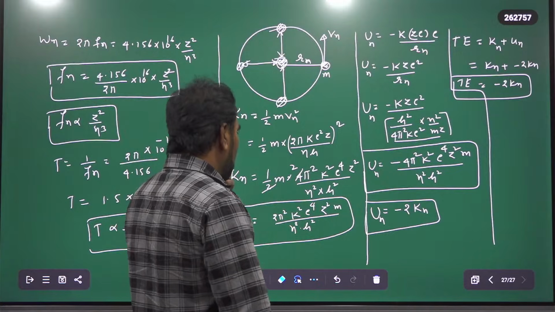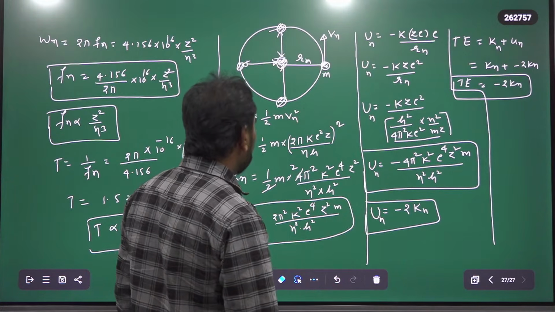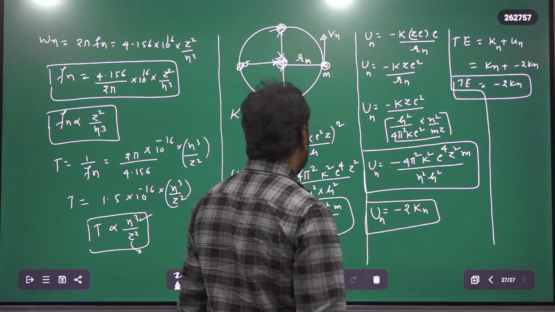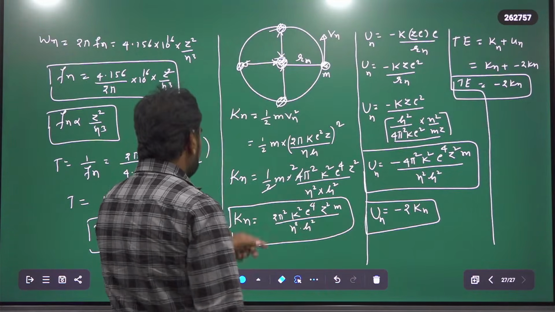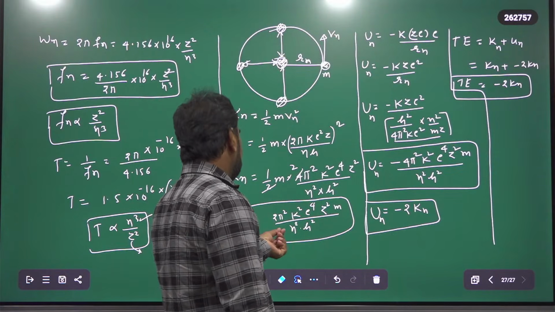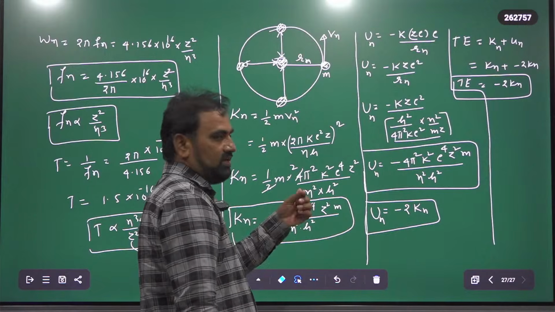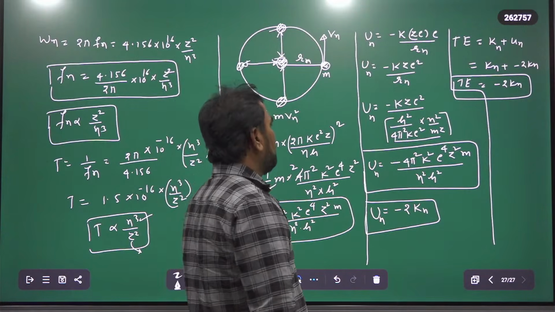Therefore, Te is equal to minus 2kn, Un is equal to minus 2kn, and Kn is equal to 2 pi square k square e power of 4 into z square m upon n square into h square. So what is the relation between them?